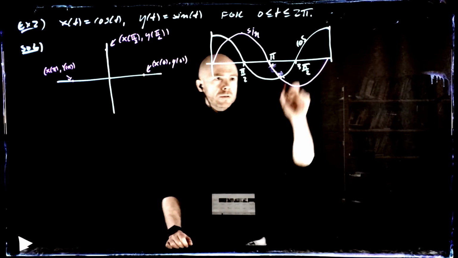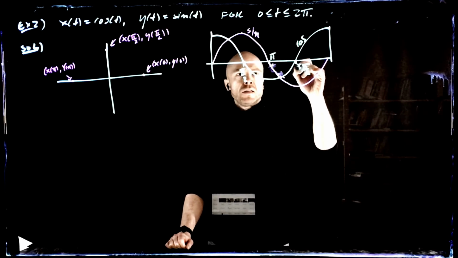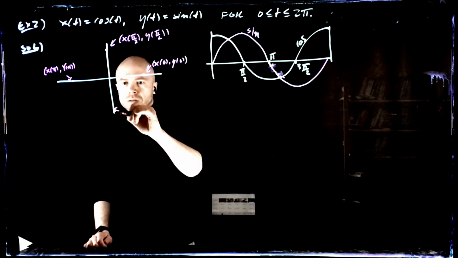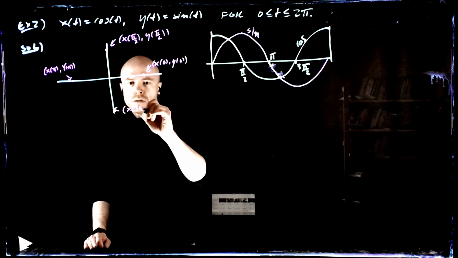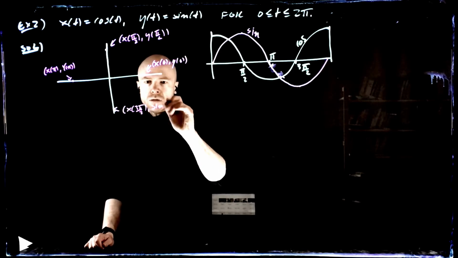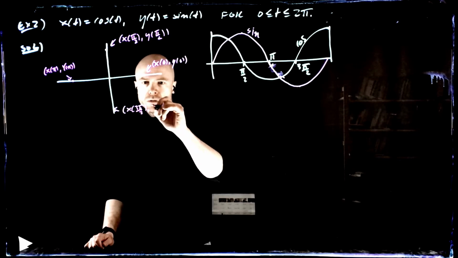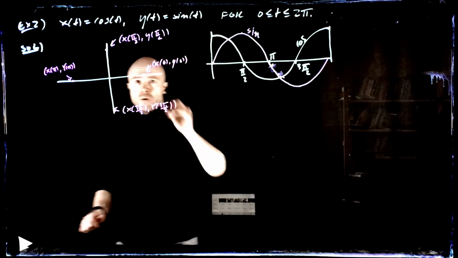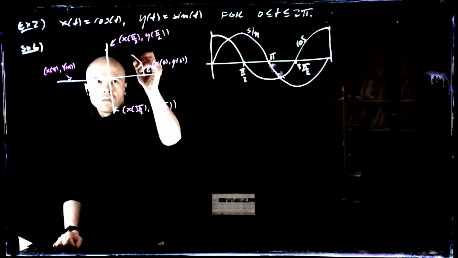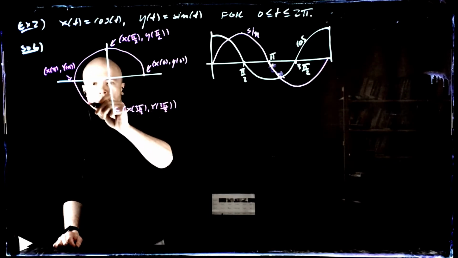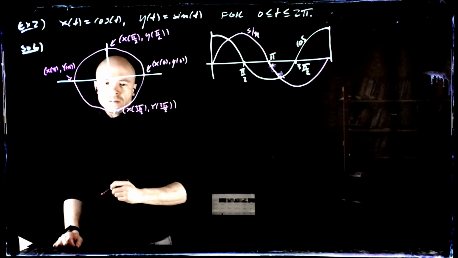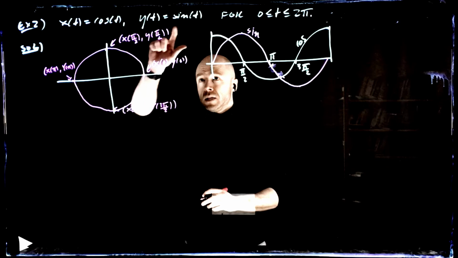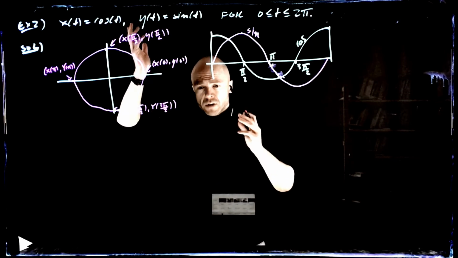And when we're at 3 pi over 2, cosine is equal to 0, and sine is equal to -1, right? So we're here. Yeah, and if we put intermediate points in, we'll see that we go around like this. Like this, yeah? Cool.